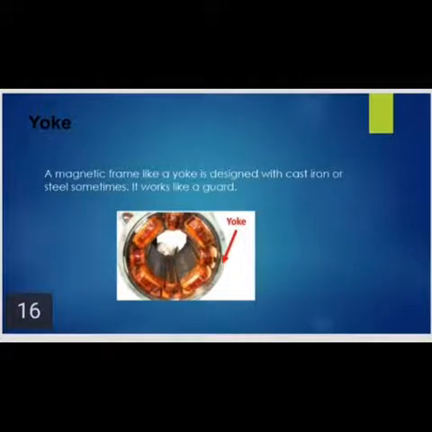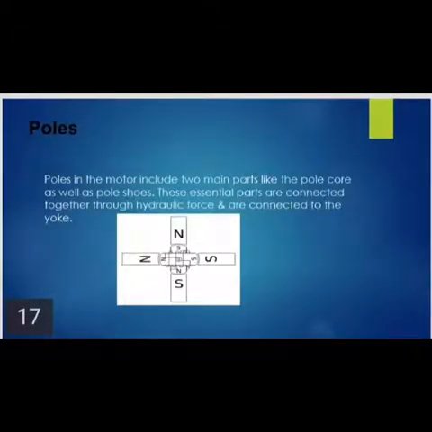Yoke: a magnetic frame like a yoke is designed with cast iron or sometimes steel. It works like a guard. Poles: poles in the motor include two main parts, the pole core as well as the pole shoes. These essential parts are connected together through hydraulic force and are connected to the yoke.